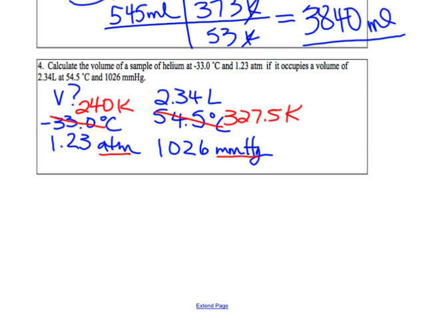Get into practice of converting to atmospheres. For every 1 atm, how many millimeters of mercury do I have? 760. You're going to get quick at converting: divide millimeters of mercury by 760 to get to atm. And what do we get? 1.35. All right, so now we have everything we need.